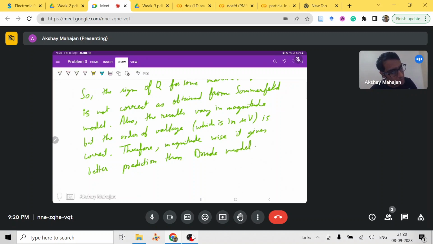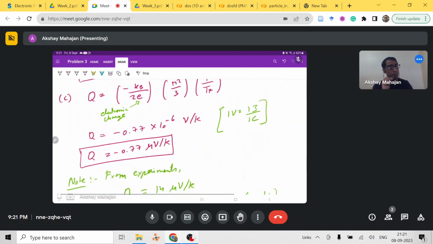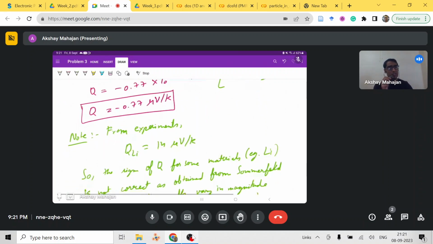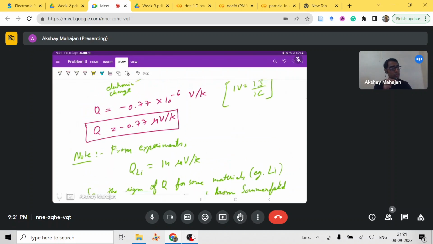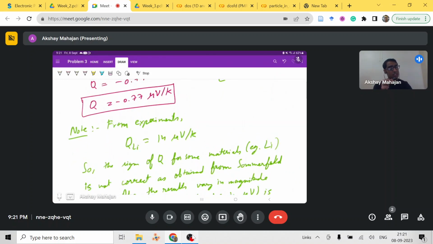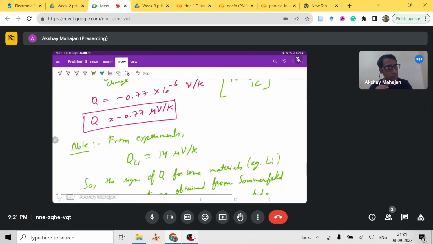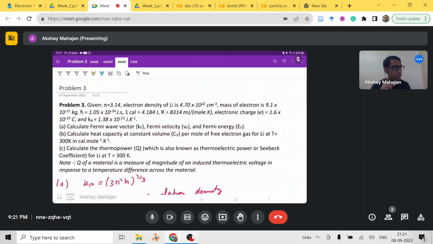So we have seen in the lecture note also, you can see that the Drude model would have given a 10 to the power minus 4 volt per Kelvin, but now we are getting microvolt per Kelvin, which is the range in which we get this thermal power Seebeck coefficient. But still, you can see that even the sign is different. So this is not a good method for Sommerfeld model, and so we need some other theory as well. So we will not discuss it in more detail here.